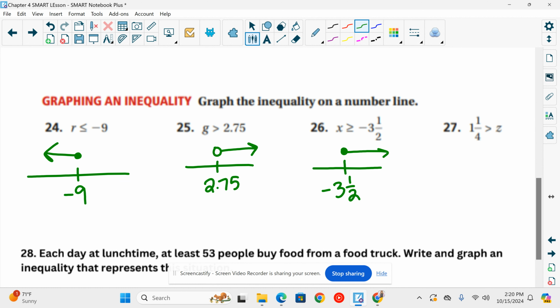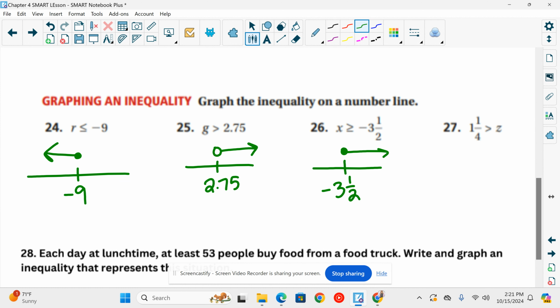Look at number 27. There's a difference in number 27 and the other three that we just did. What's the difference? The variable's on the other side. We don't want the variable on the other side. So if we're going to swap sides, we also have to swap signs. If you swap the sides, you have to swap the signs.